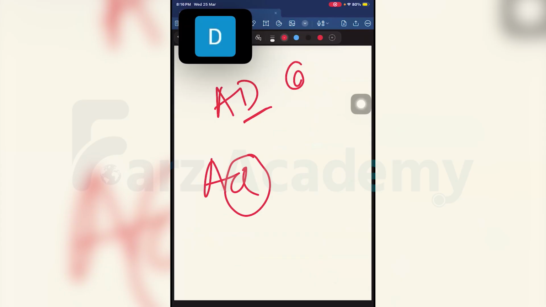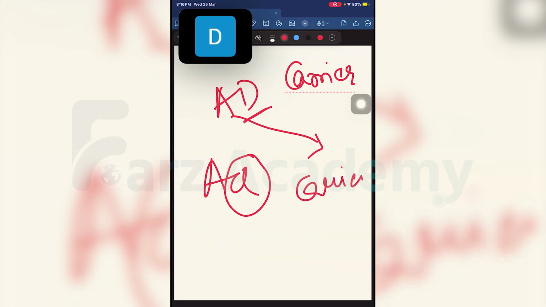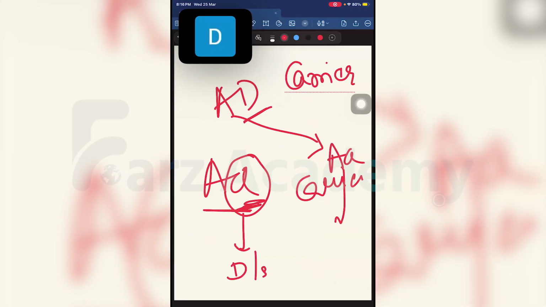That is why there is a carrier concept in recessive disorders, but in dominant conditions I don't have carriers, because even if one is abnormal, I still get the disease. Whereas this genotype in an autosomal recessive condition would become a carrier.